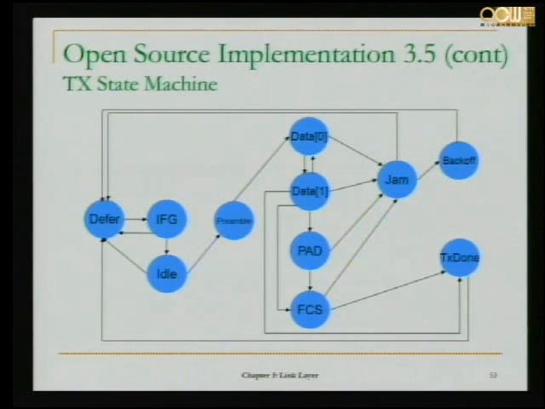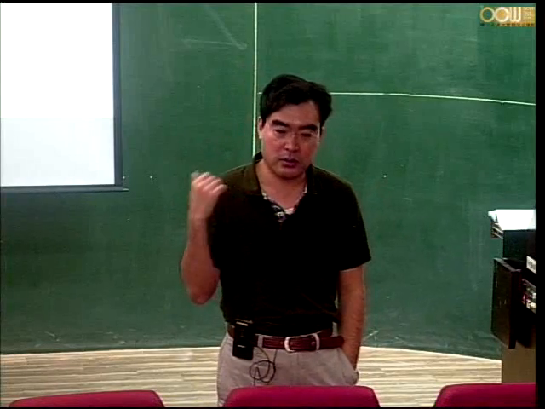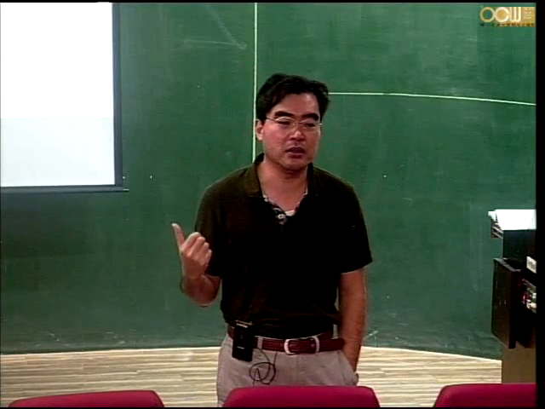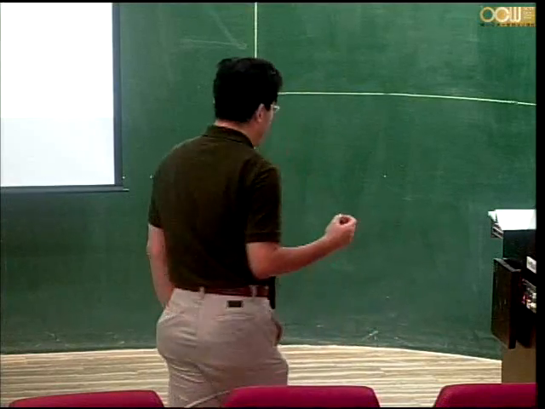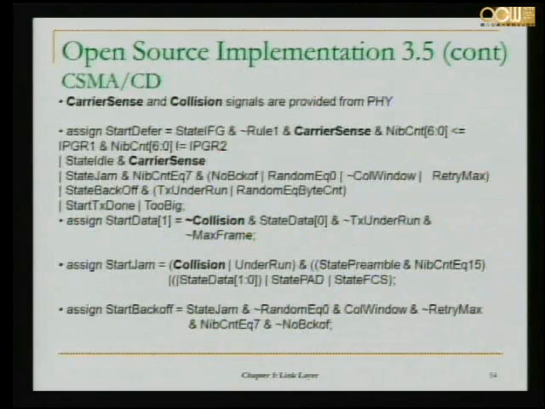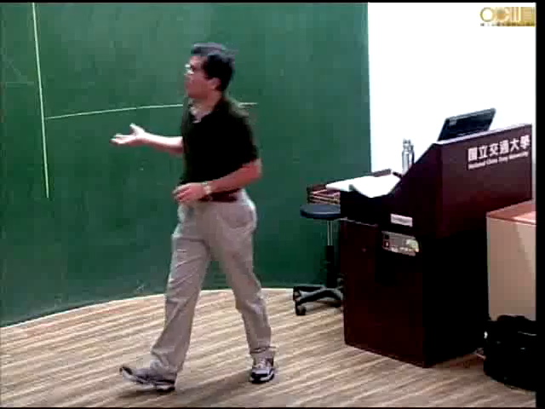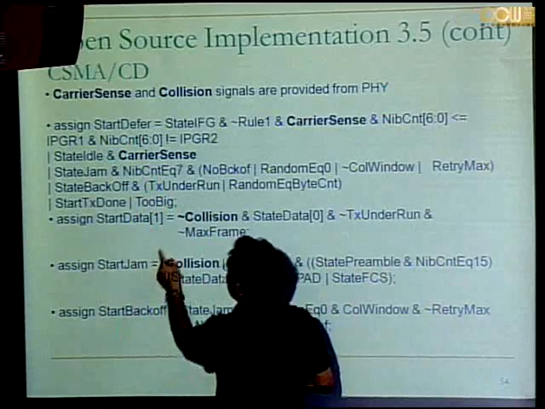If you get this state diagram drawn precisely, then your logic is confirmed. Then you start to write the parallel program. You write the output signal on the left side, that's the assignment.